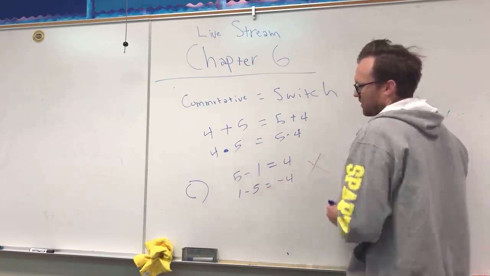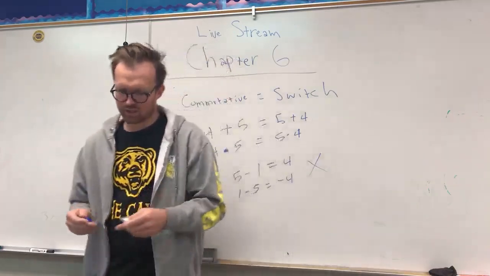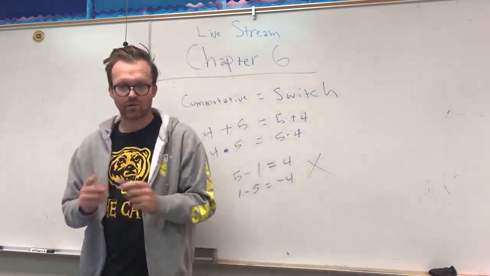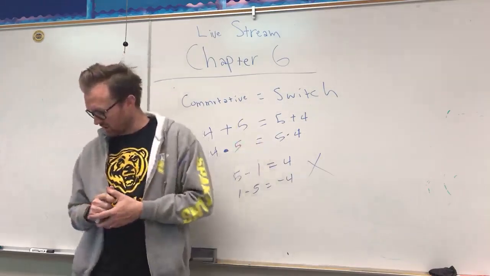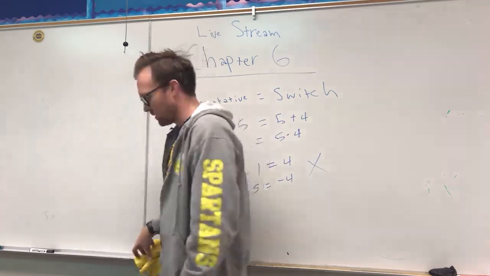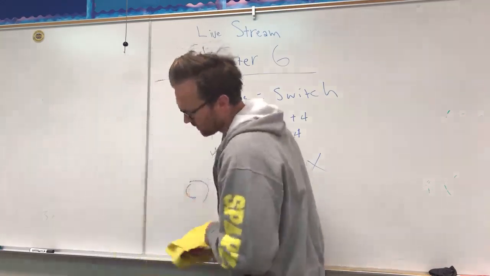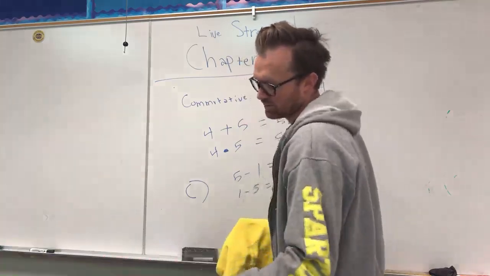This doesn't work, so that would be my counterexample for part C, so that the commutative property does not apply. So Fear Falcon, let me know if that makes sense. And if not, I can explain it again. And we'll go down to the 3.